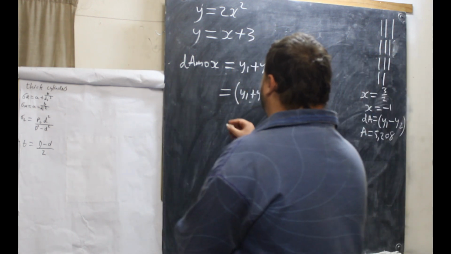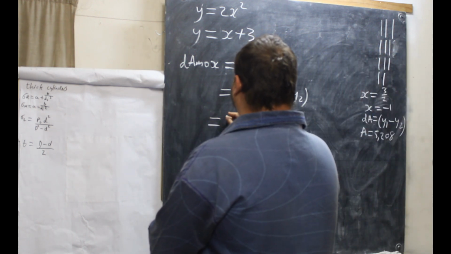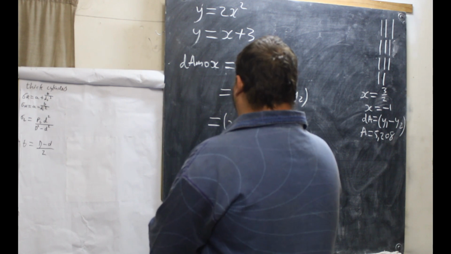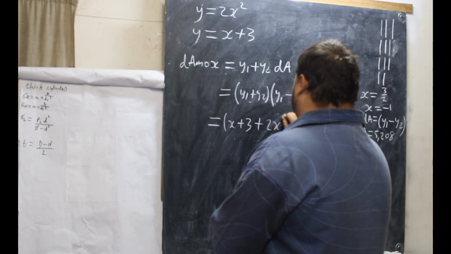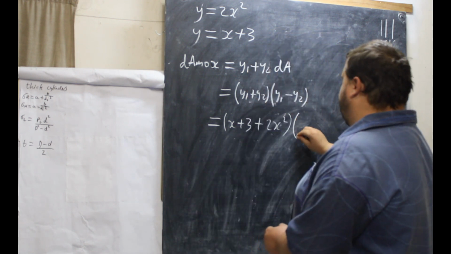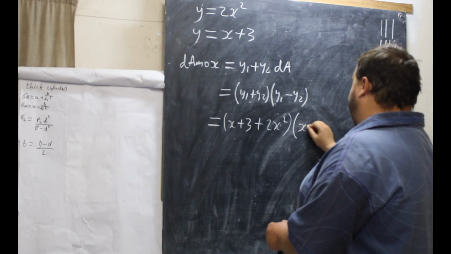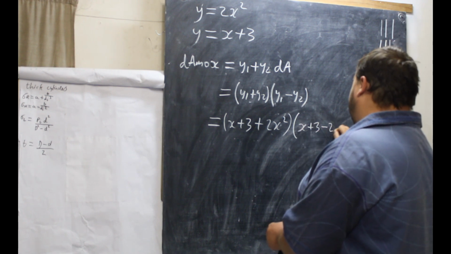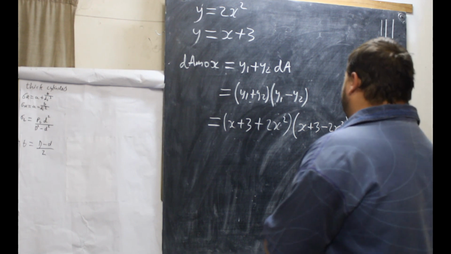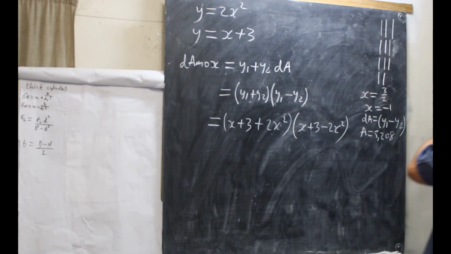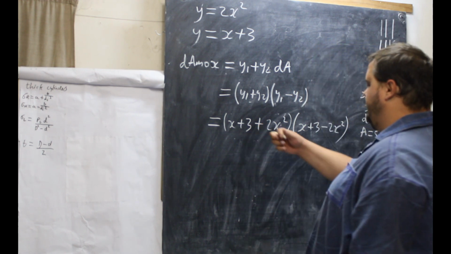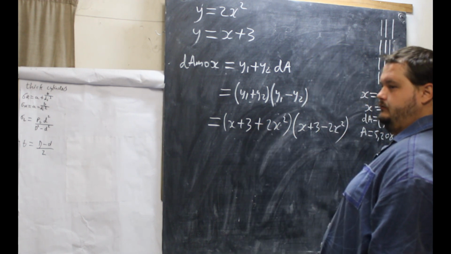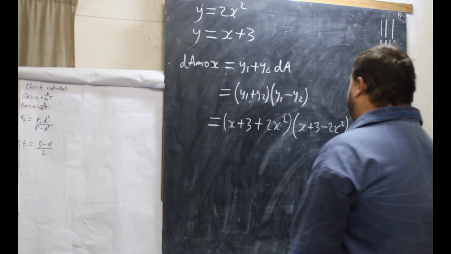What we are going to do now is say x plus 3 plus 2x squared, times x plus 3 minus 2x squared. So this is going to be a little bit of a pain because it's a trinomial by a trinomial. So a quadratic by a quadratic.